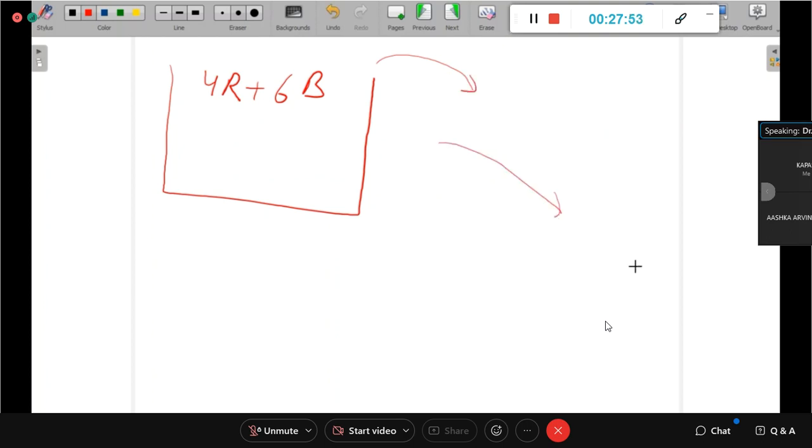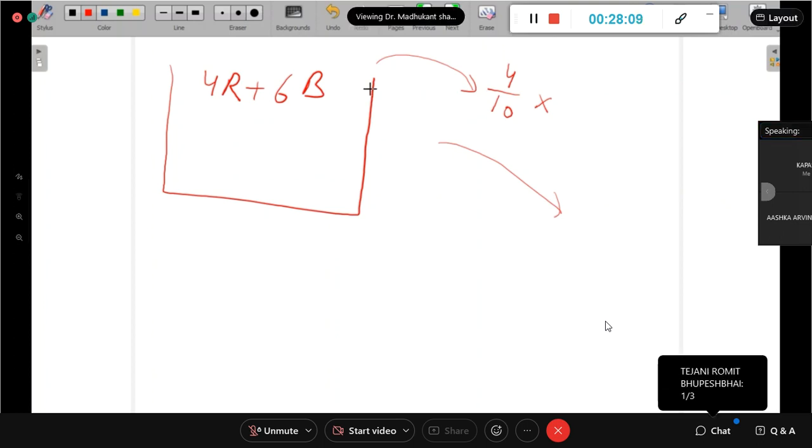So when you draw first, then you draw the second, right? The first drawn ball is red with probability 4 by 10, into, now that ball is drawn and not replaced, the second drawn ball is black.